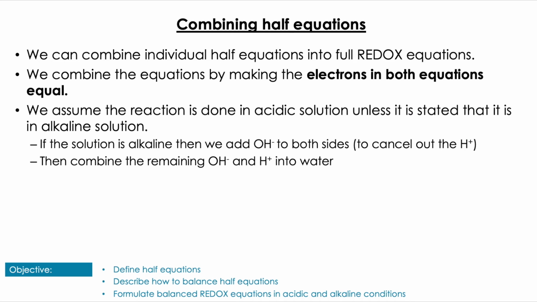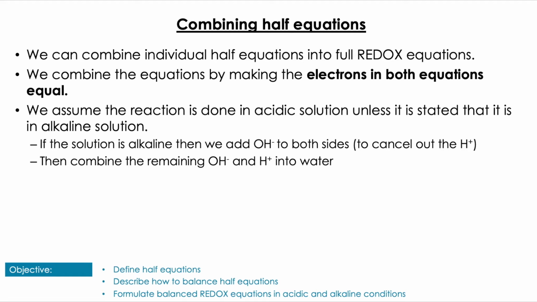Okay, so we're really getting stuck in now, and now we want to learn how we can combine these individual half equations to produce an overall reaction that tells us exactly what is happening in a given reaction. And all we have to do is combine both equations by making 2 equations have the same number of electrons, and we're just going to multiply through to do that.